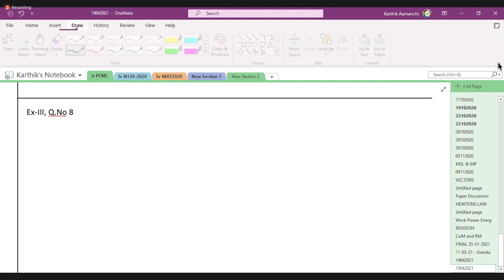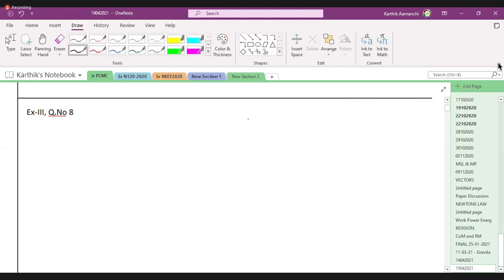A rope hangs from a rigid support. A pulse is set by jiggling the bottom end. We want to design a rope in which velocity v of the pulse is independent of z, the distance of the pulse from the fixed end of the rope. The desired function for mass per unit length, mu z, in terms of mu naught, which is mass per unit length of the rope at the top, where z is equal to 0, is given by.